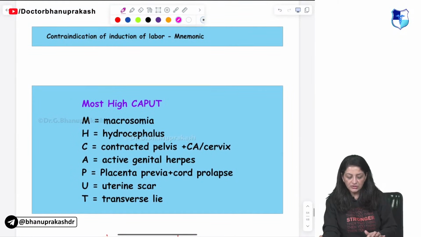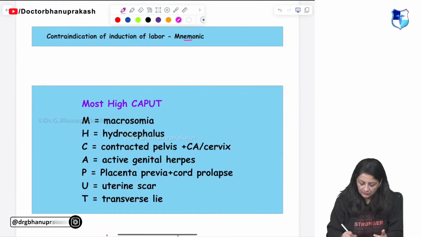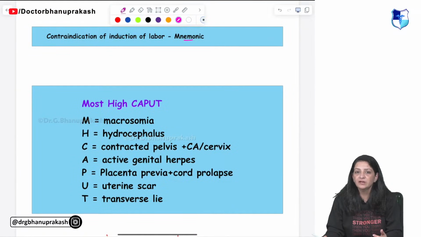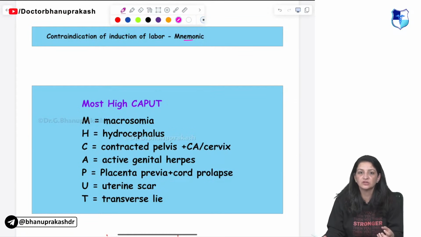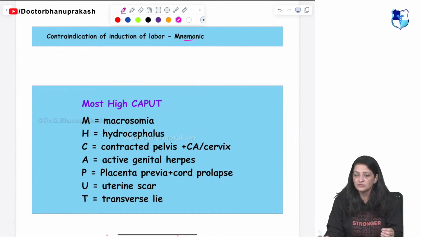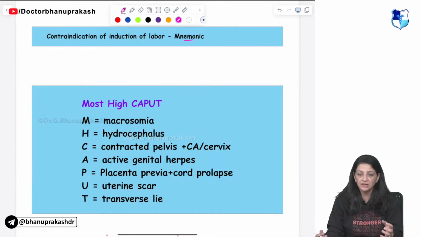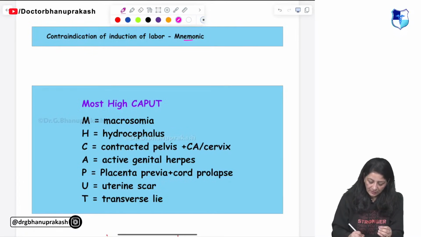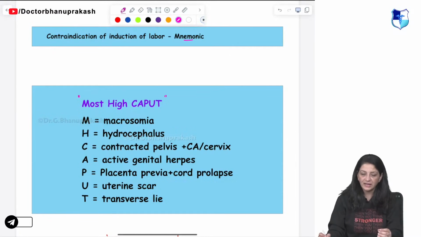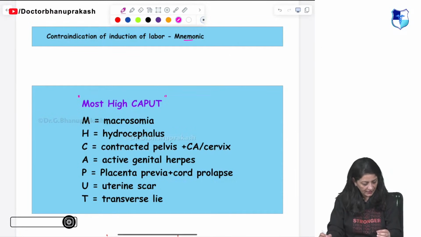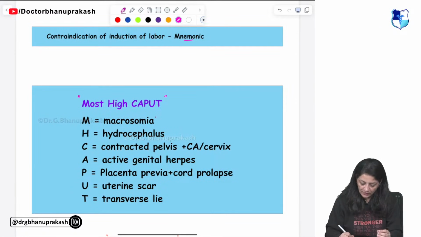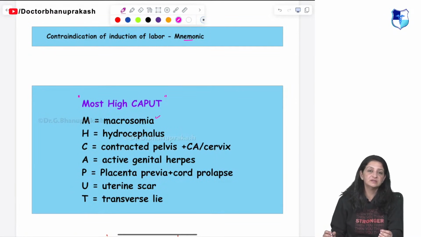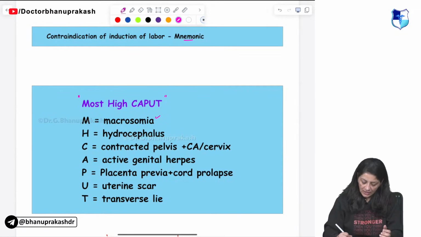So, contraindications of induction of labor. To induce the labor, we have to start from 0. There is no uterine contraction, we have to start from 0. Just remember this mnemonic, MOST HIGH CAPUT. Macrosomia, weight of the fetus more than 4 kg.